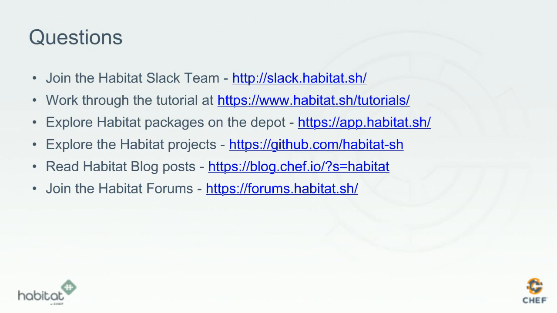So in the case of Habitat, our Habitat packages do not use your operating system libraries. When we look at that Redis plan, if you go back and look through the dependencies that are listed there, those are other Habitat packages. So those are other pre-compiled artifacts. And what that means is that when you have an atomic, immutable, and isolated Habitat package, it does not touch your underlying operating system at all, which means that all you actually need to run a Habitat package is a kernel.